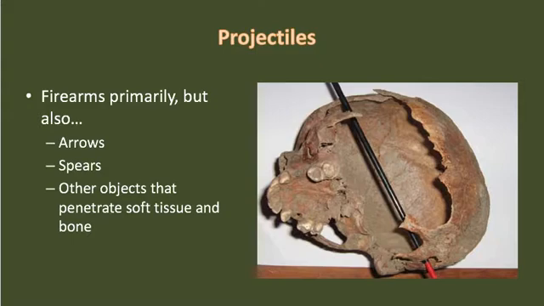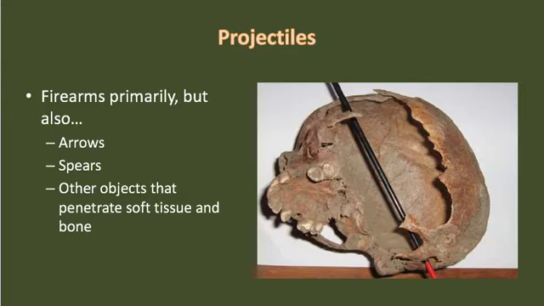So projectiles are those items that you see here listed. In most cases, when we're talking about forensic anthropology, we're probably going to be talking about firearm injuries, firearm trauma, but it includes arrows, spears, or any other kind of object that can penetrate soft tissue and bone.